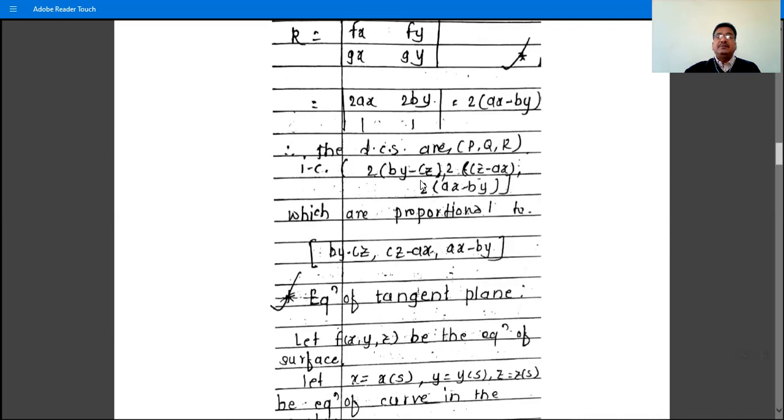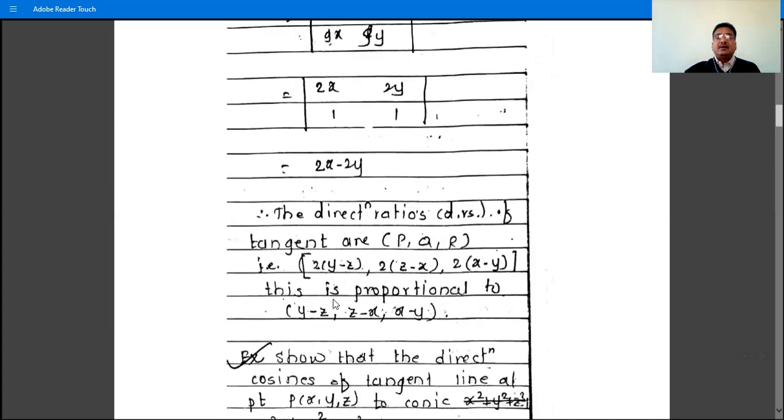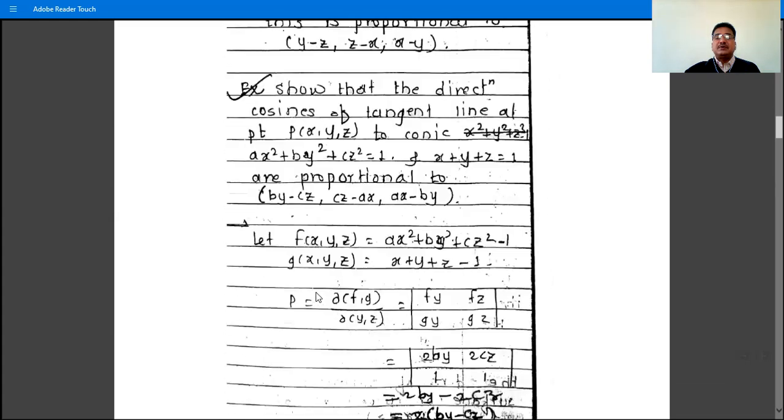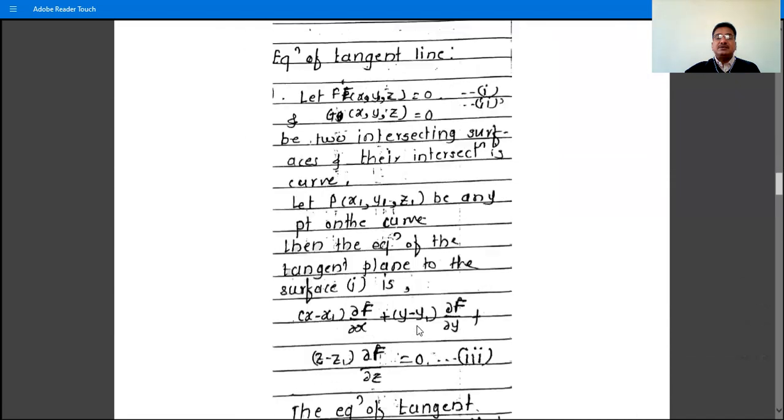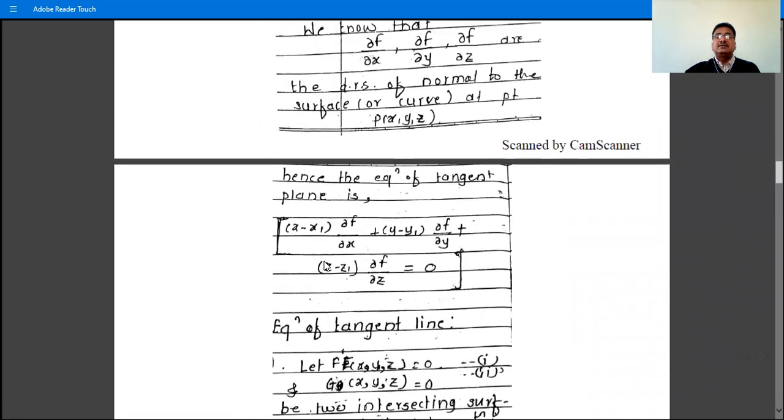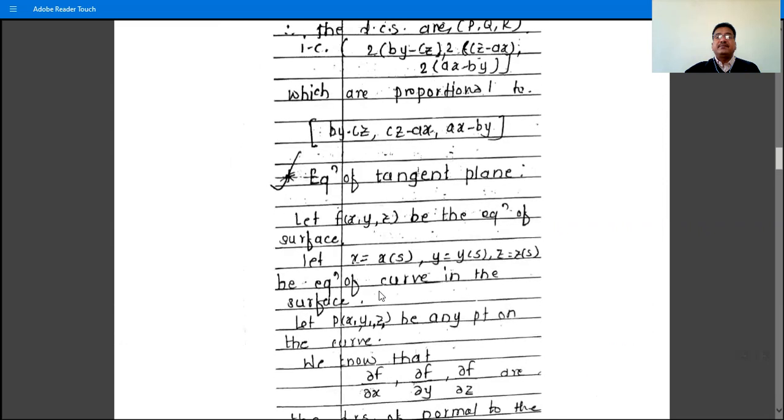These are proportional to by minus cz, cz minus ax, and ax minus by, because if we multiply these by 2, we get this answer.